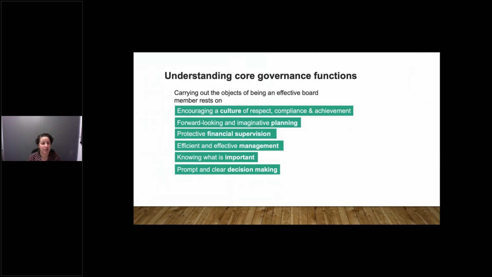So here we're talking about carrying out the objects of being an effective board member rests on encouraging a culture of respect, compliance, and achievement, forward-looking and imaginative planning, protecting your financial supervision, efficient and effective management, knowing what's important, and being prompt in your decision-making.